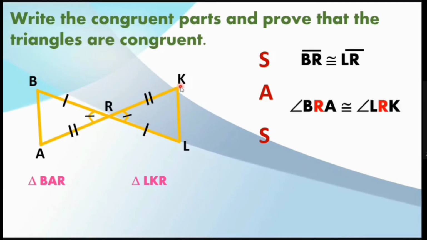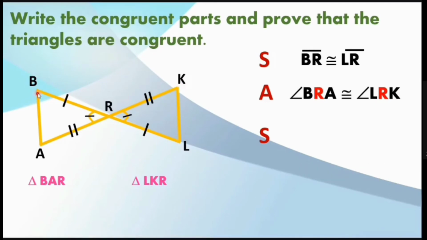Therefore, we can say that angle BRA and angle LRK are congruent. And since these two angles here are vertical angles, we can say that angle BRA is congruent to angle LRK by vertical angles theorem because they are vertical angles.